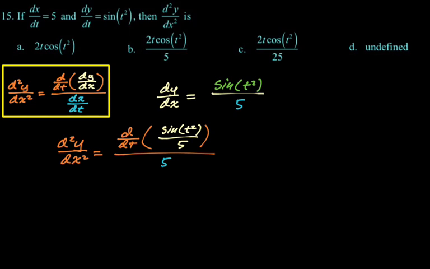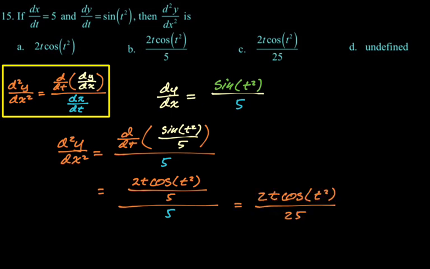So the derivative of sine of t squared is going to be 2t cosine of t squared, and then over 5. So we'll get 2t cosine of t squared over 5. That's the derivative with respect to t of dy/dx, all over 5. That 5 is just dx/dt. So this will simplify down to 2t cosine of t squared over 25, which is option C.